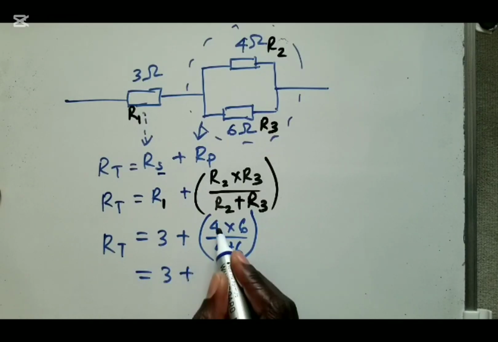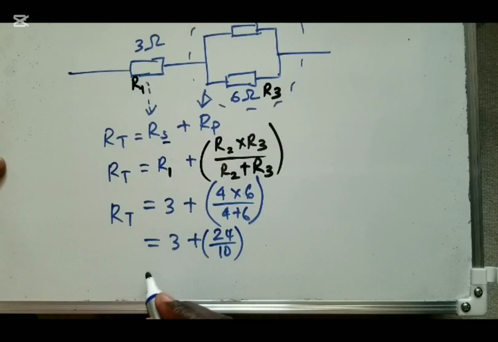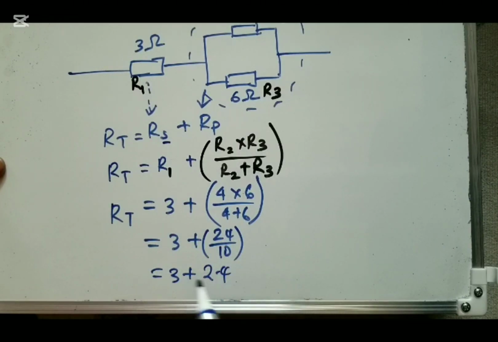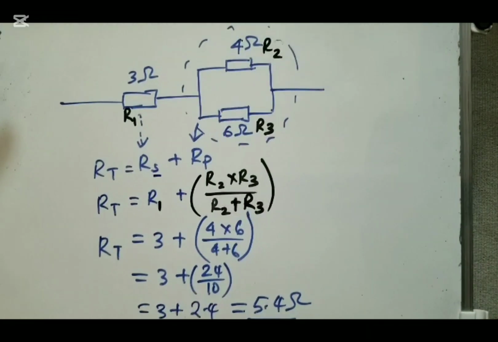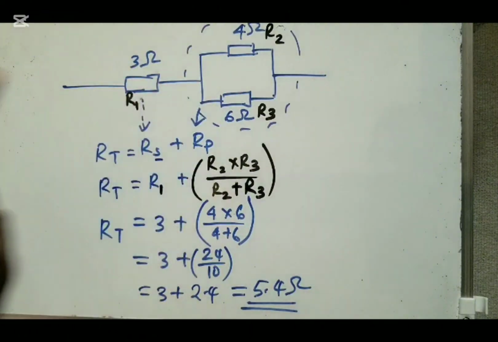So that is 3 plus 4 times 6, which gives 24, over 4 plus 6, which gives us 10. So 24 over 10 is 2.4, and when you add the 3, that will give us 5.4 ohms. That's the way you get the total resistance in the circuit when you have series and also parallel.